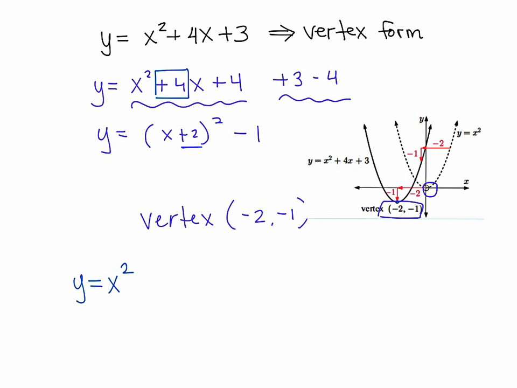So there has been a 2 units to the left and 1 unit down shift. This is not only true for the vertex, but the remaining points on the graph. Every single point on y is equal to x squared gets translated 2 units to the left and 1 unit down. So this point on y is equal to x squared will get translated 2 units to the left, 1 down, so it'll result over here on the graph of y is equal to x squared plus 4x plus 3.